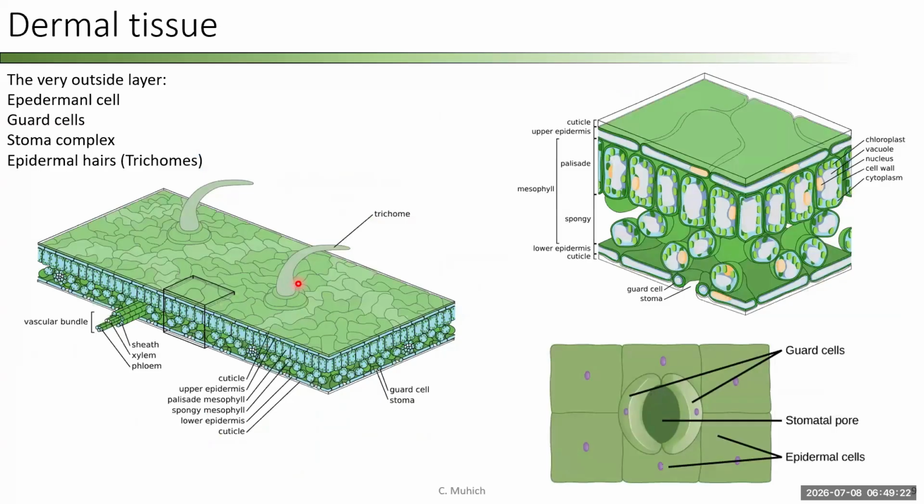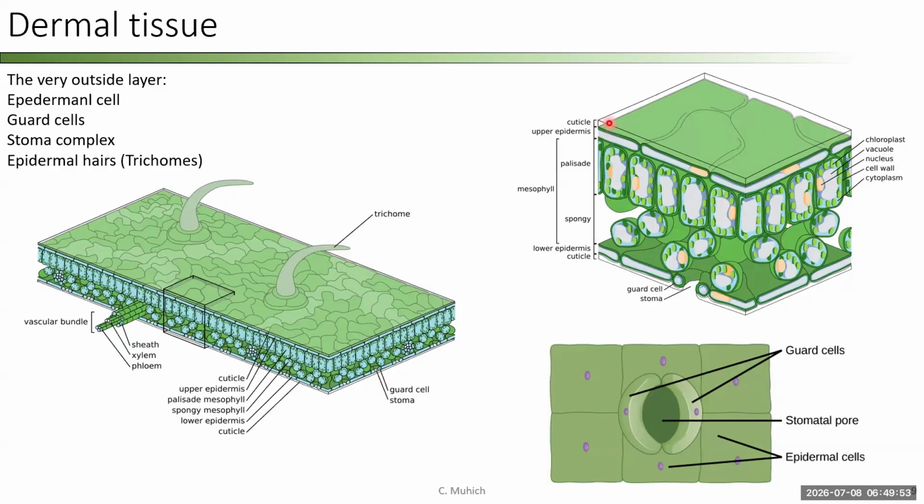The last type of tissue is our dermal tissue. And this is the very outside piece of the cell. So if I take a leaf and take a cross section of this leaf, we see these dermal tissues are just this very thin layer up top.